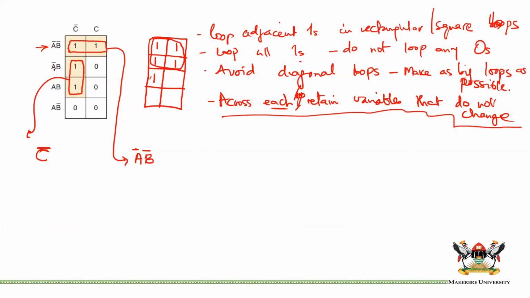However, from this direction, B is the same for the whole loop, but A has changed from A inverse to A. So it is A that goes because it has changed, and we end up with B. So your final equation is an SOP, which is BC inverse or A inverse B inverse. Now let us come back to this one.